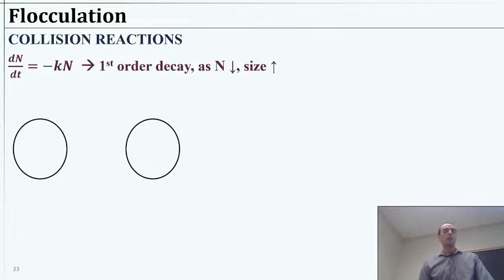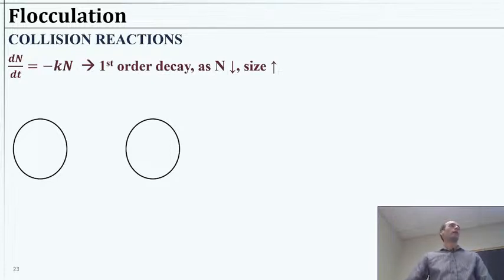But I'm just going to pause us here and say this dN/dt, we can describe that as negative K times N. So N again being the number of particles per volume. And this is going to be to the 1 power, because if particles stick to one another, then the reaction depends on how many particles are there.